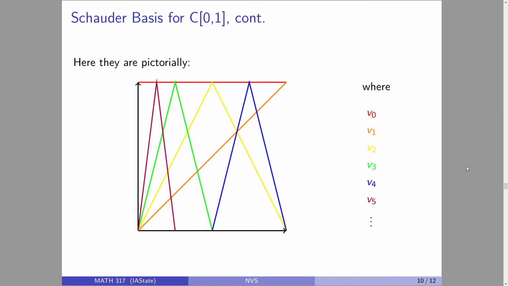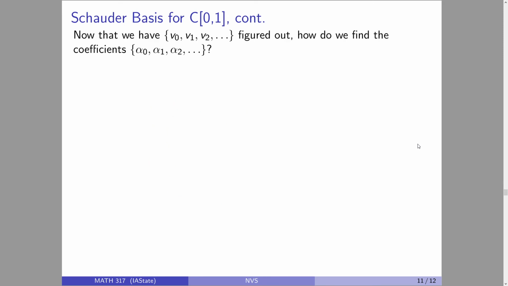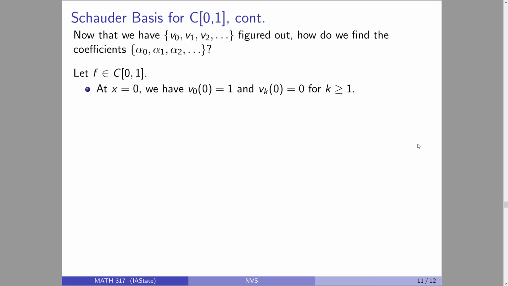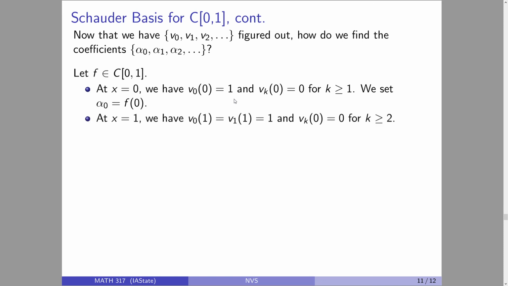And basically it turns out that these end up being the right things to use, and here's why. Here's how you figure out the coefficients. So take any continuous function. At x equals 0, one of the functions from my list is non-zero, and all the other ones are 0. And at 0, it's 1. So we'll just choose alpha naught to be f of 0. At the next point, x equals 1, well, only 2 functions are non-zero.